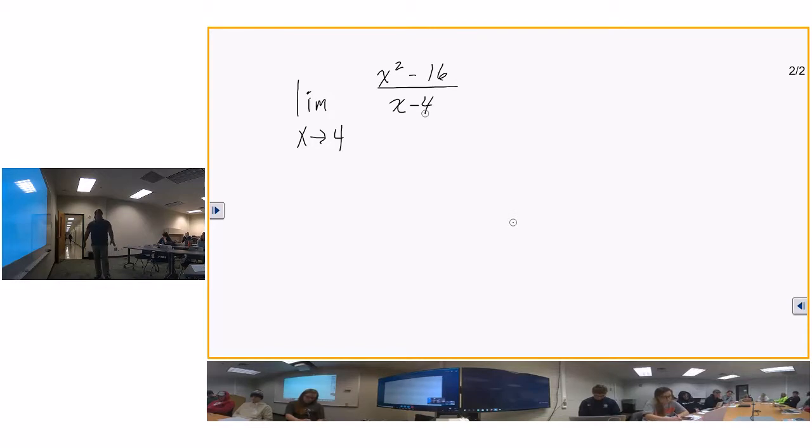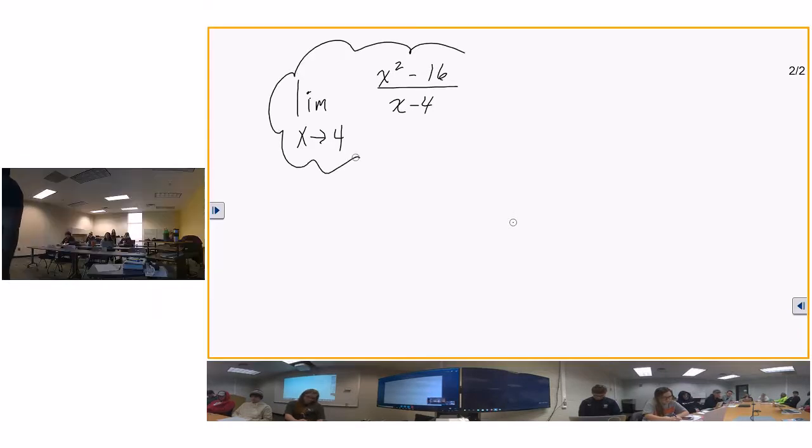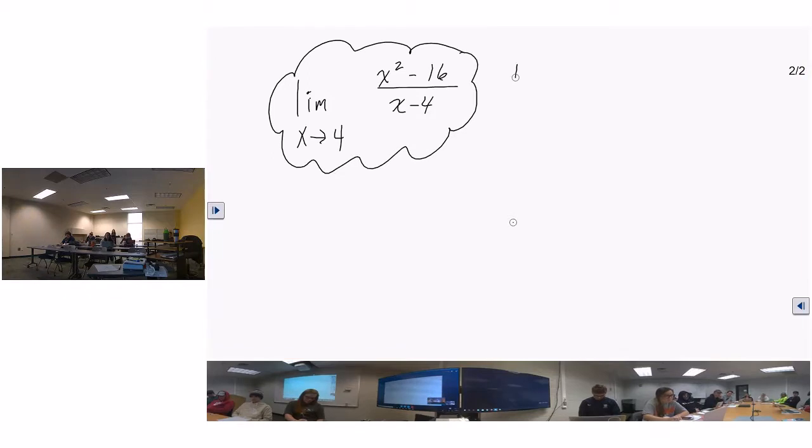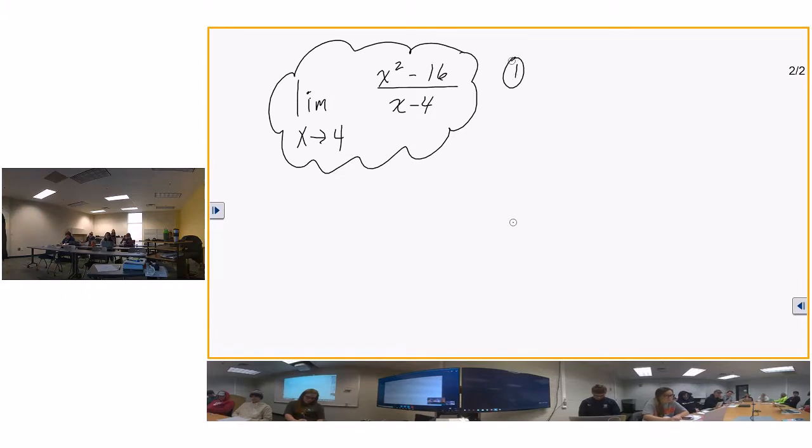No, it doesn't work that way. If you have one like this, one of the main rules of limits, number one rule of limits is always what?